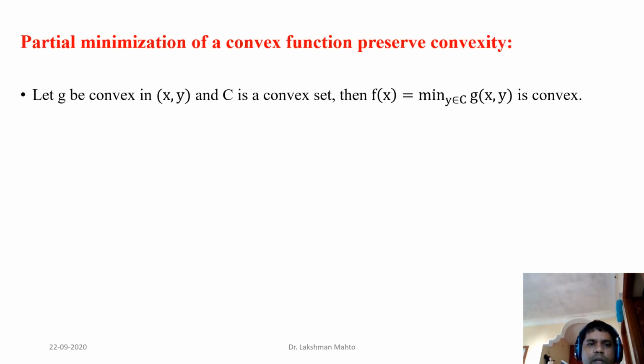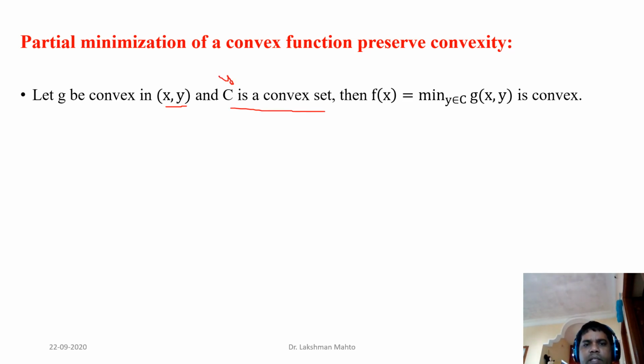I would like to go to the next step, where I will talk about partial minimization. What does partial minimization talk about? Suppose you have a function g whose argument variable has been segregated into two blocks, x block and y block.